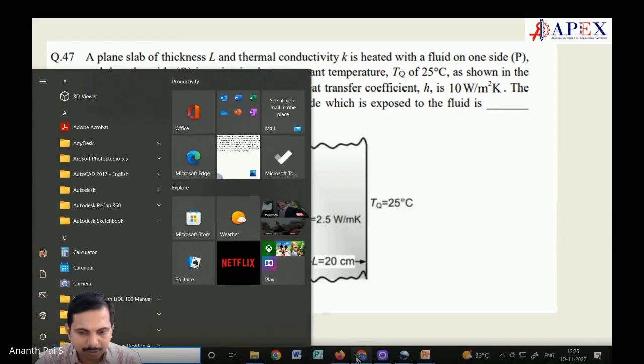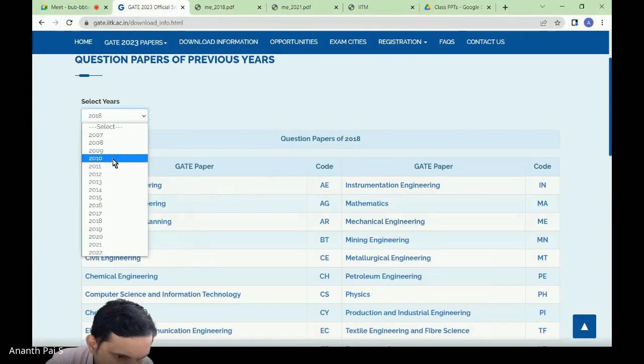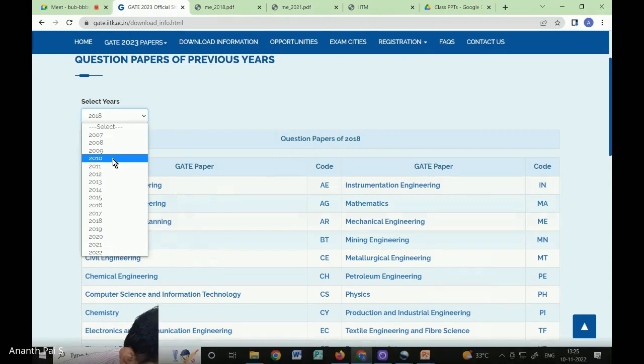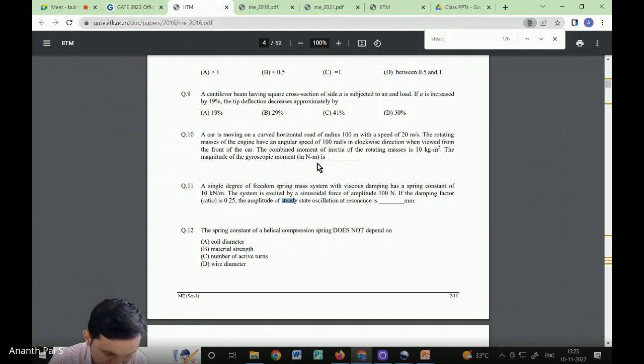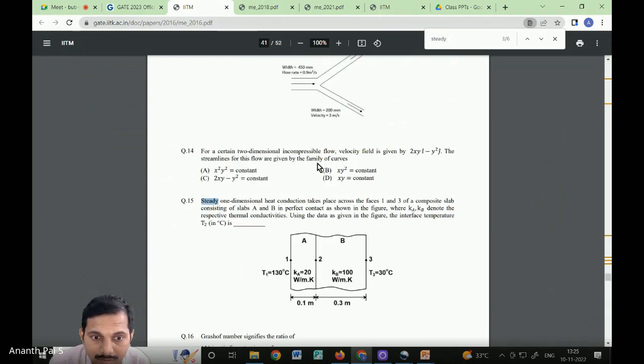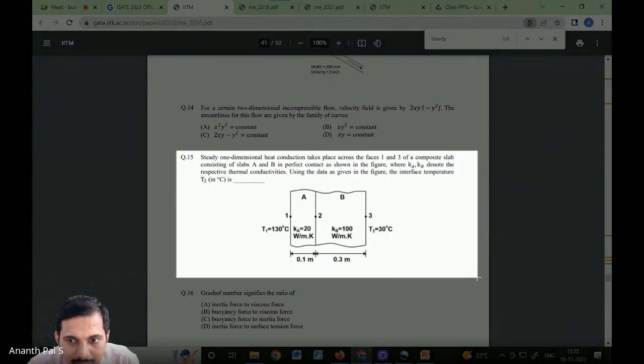One more question I'll put. By then you solve this. This is one question which has come in 2016 set 3.